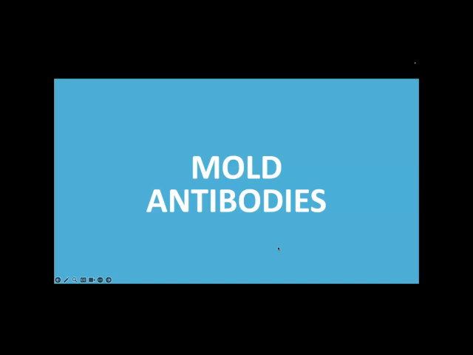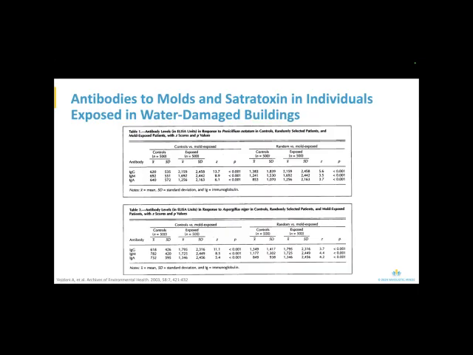Now, what about the mold antibodies? So this was a study almost 20 years ago, actually over 20 years ago, by Dr. Vojdani and Dr. Campbell, where they asked the question, what is the likelihood of having elevations of antibodies against molds and mold toxins?